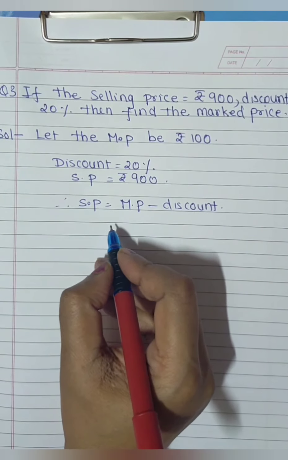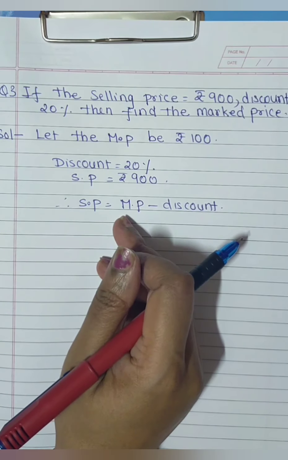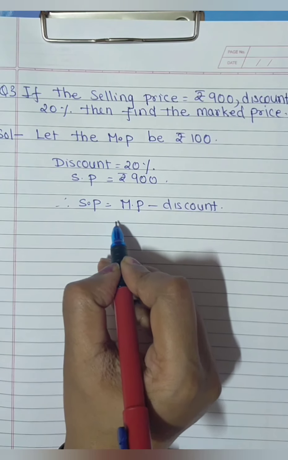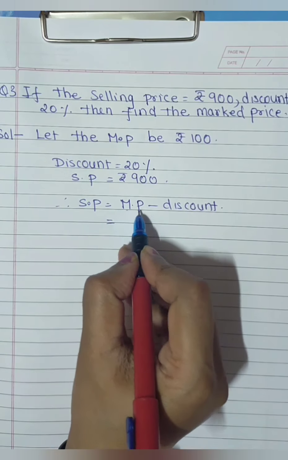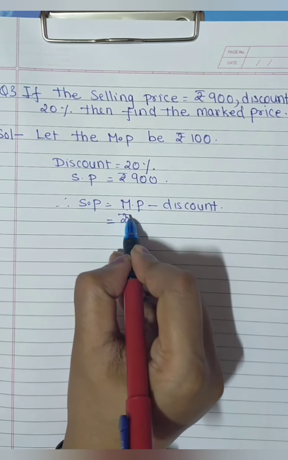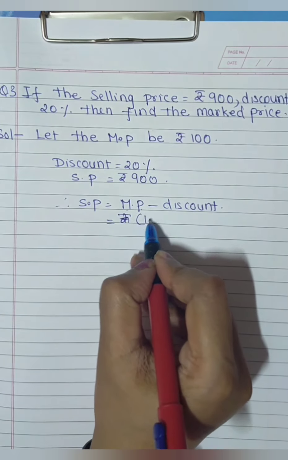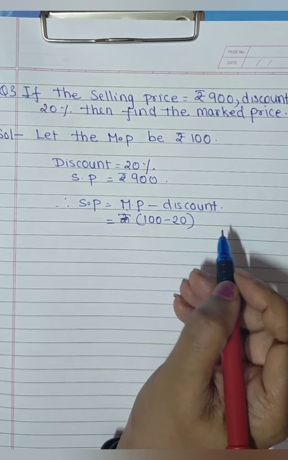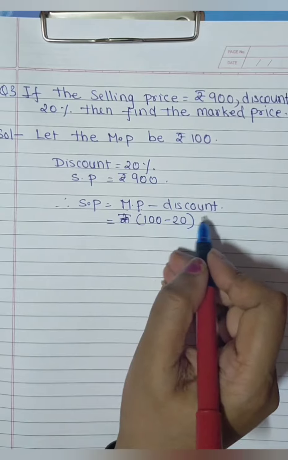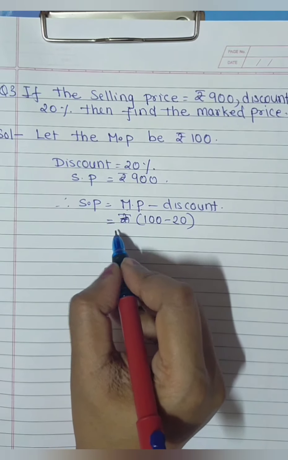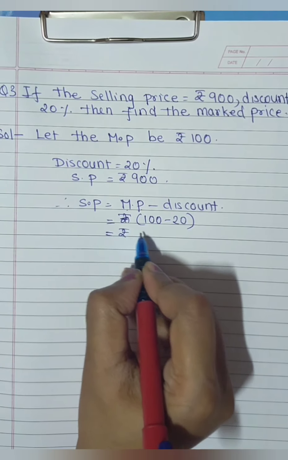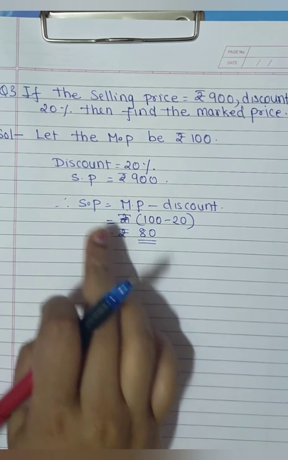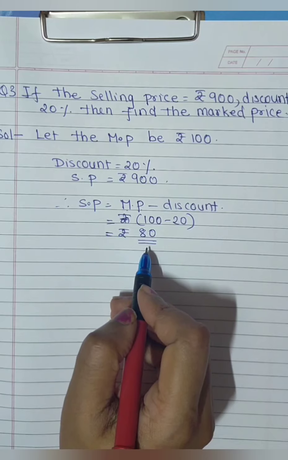So here we'll take selling price equal to mark price, we'll take rupees 100 minus 20. Okay, we'll take 20 rupees in place of discount. Then we'll get rupees 80. Okay, we get selling price as rupees 80.